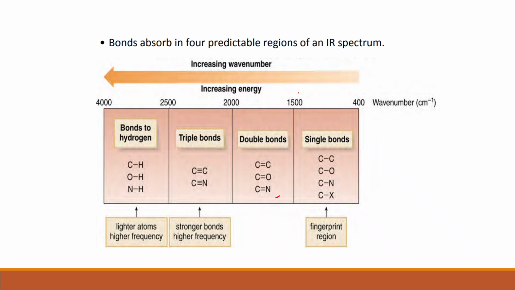And between 2500 and 4000 are the bonds bonded to hydrogen. So 2500 to 4000 is bonds to hydrogen, 2000 to 2500 is triple bonds, 1500 to 2000 is double bonds, and 500 to 1500 is single bonds. If it is difficult for you to memorize the other chart, you can just memorize this chart and it will be helpful.